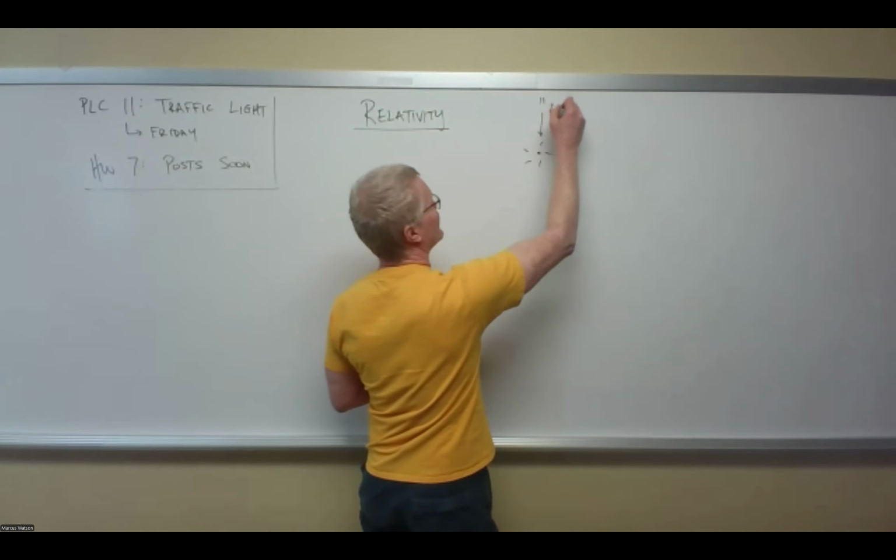So that frame, I'll draw in blue here, is known as the S prime frame, and it is typically moving with some speed v relative to the Earth frame. The S prime frame is moving with respect to the S frame at some constant speed, which we'll call v, and that's a constant velocity, straight line direction, no change in speed.